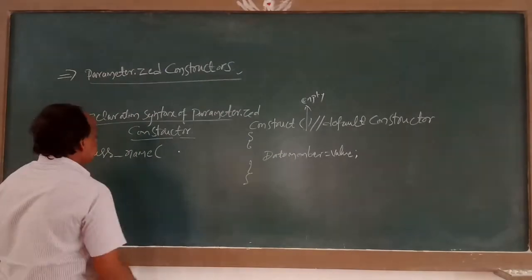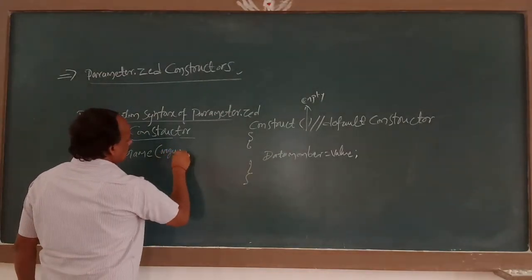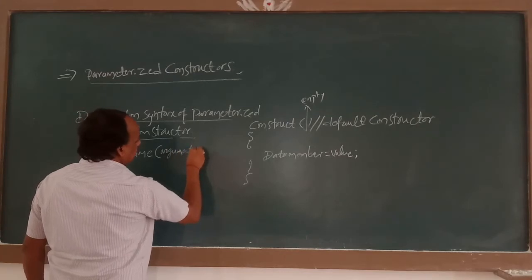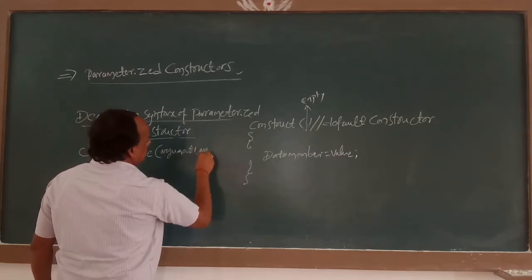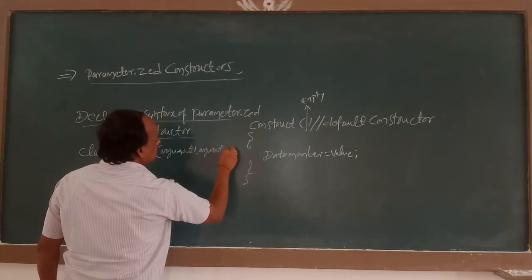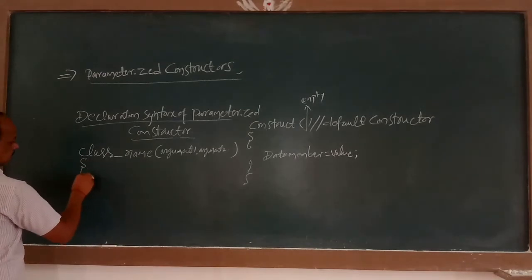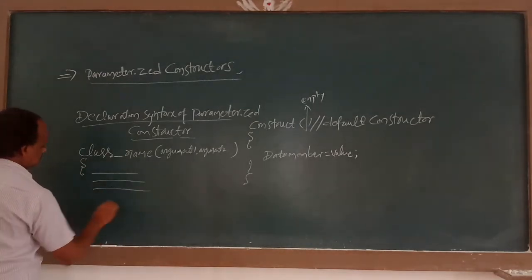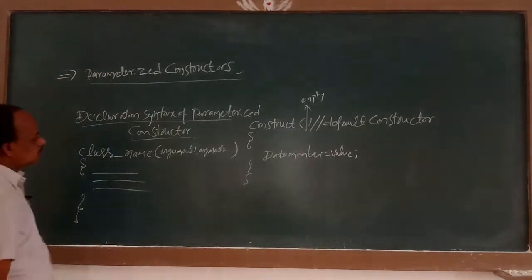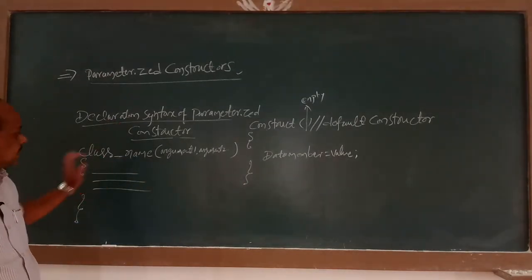Therefore write argument 1, argument 2, and so on, and its body. This is the declaration syntax of a parameterized constructor.